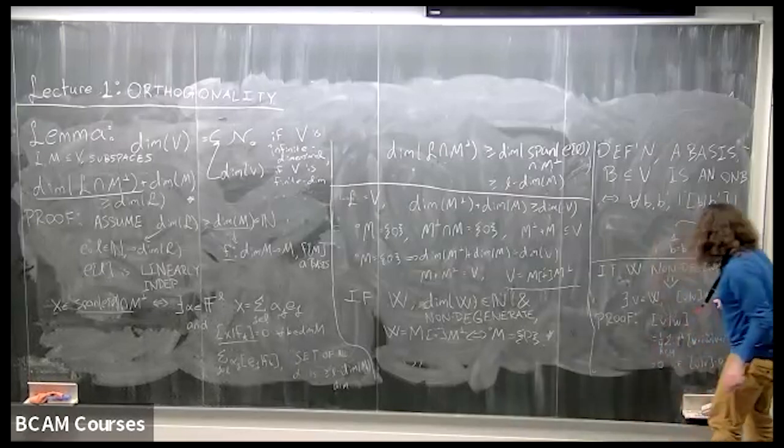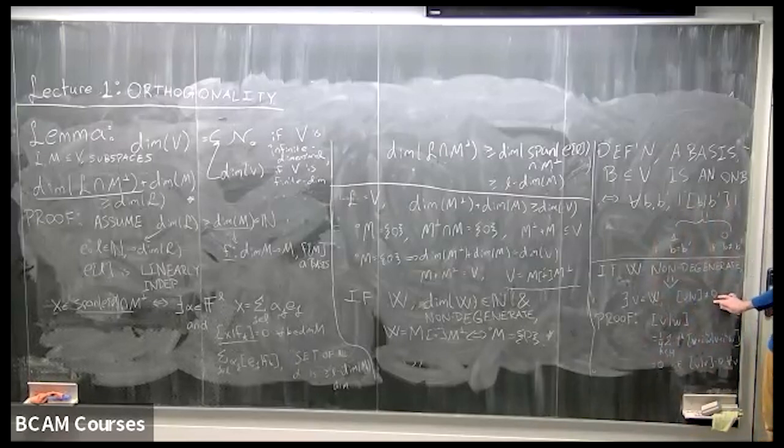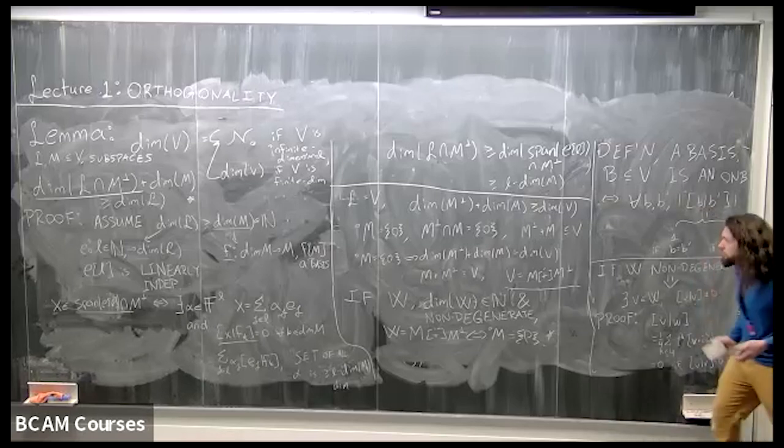Okay, so that's maybe the first lemma: there exists a non-neutral vector. And this is the starting point to find our orthonormal basis, because look at the requirement. The requirement is that the elements of the orthonormal basis have to be non-neutral. So that's the first step.